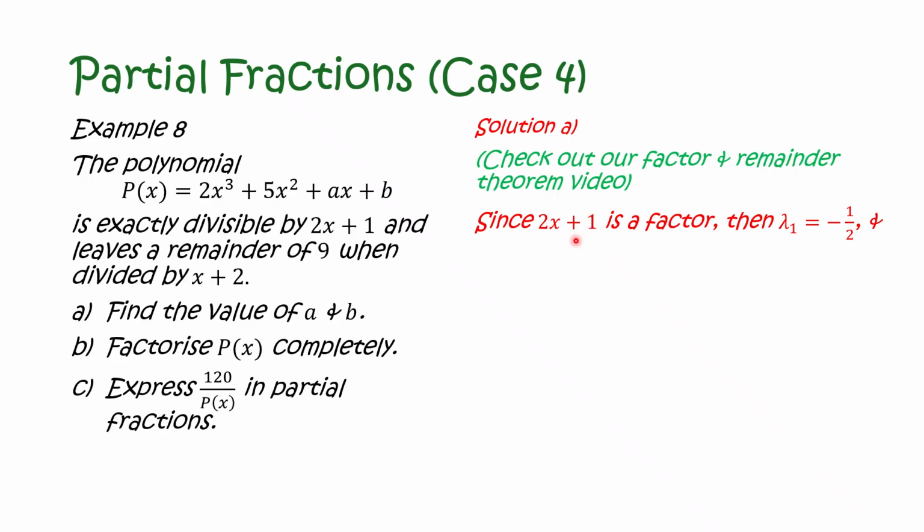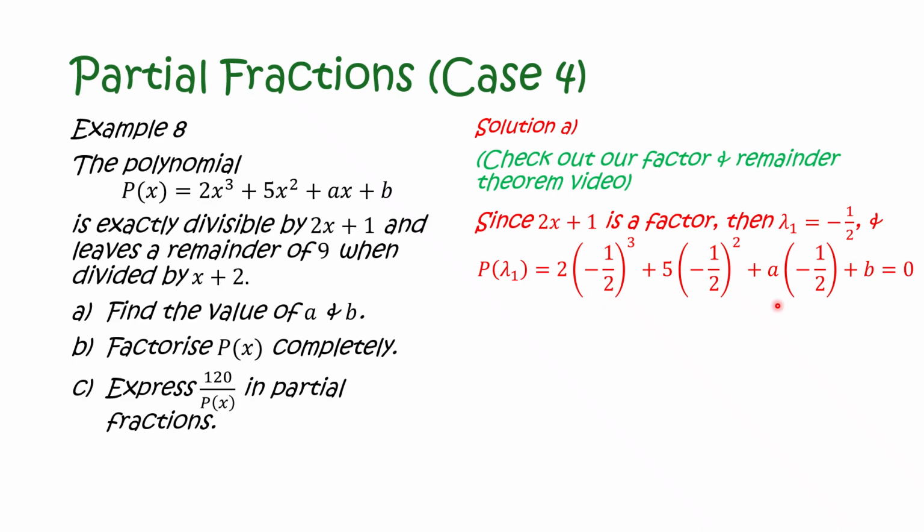Since 2x plus 1 is a factor, then lambda 1 is equal to -1 over 2. We got this from setting 2x plus 1 is equal to 0 and solving for x, and that x we make the lambda 1. So we get lambda 1 as -1 over 2.